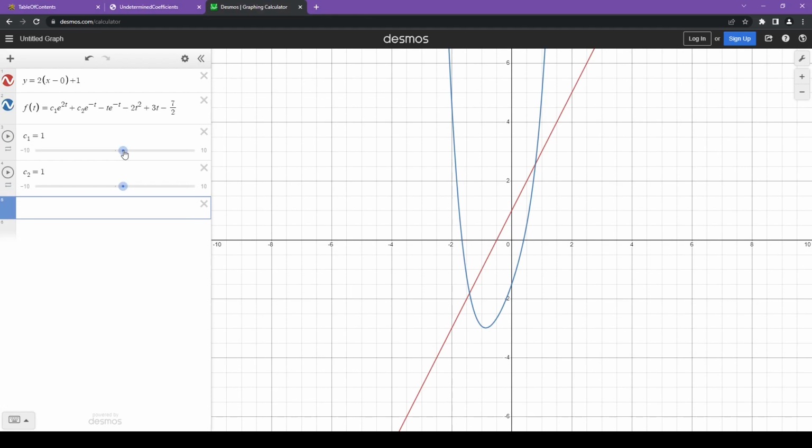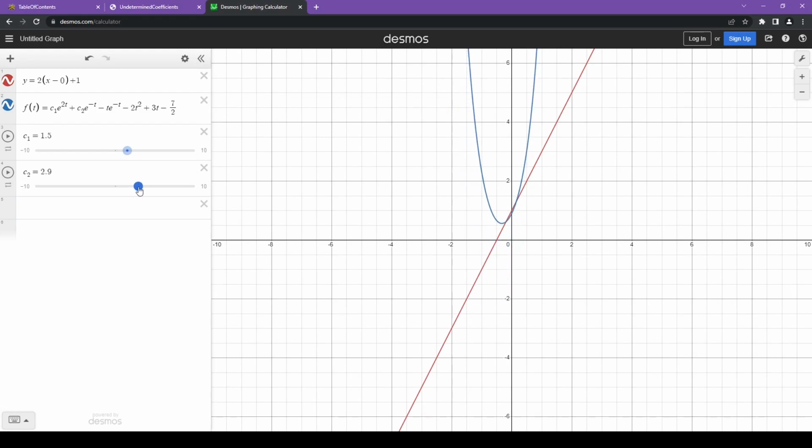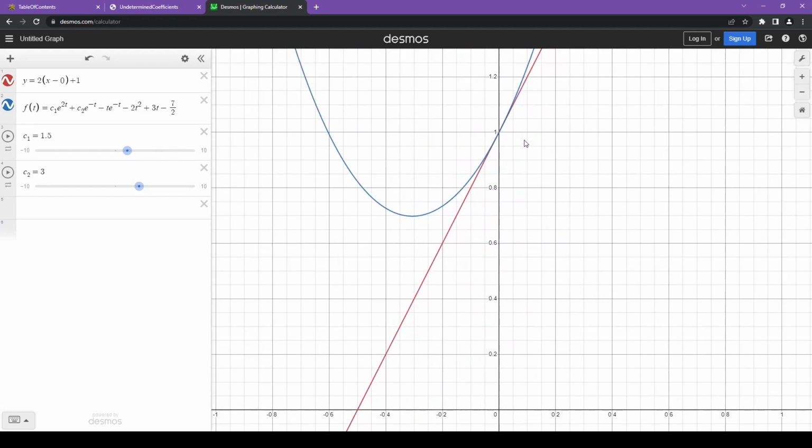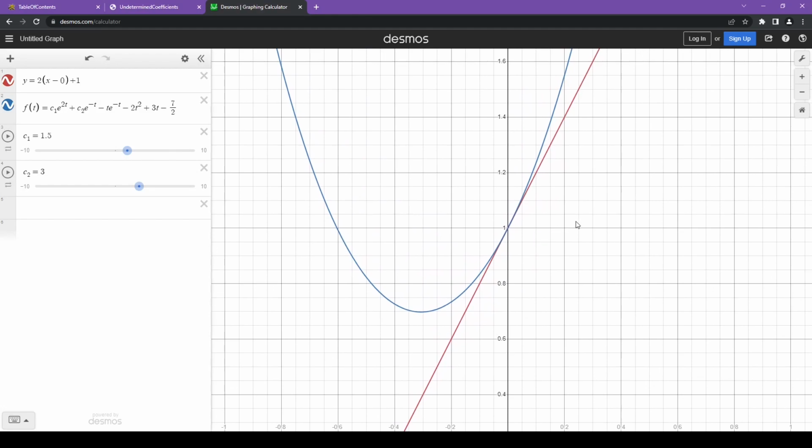And then it gave us these slider values that we can play around with. c1 was 3/2, and c2 was 3. And if we zoom in, we can see that our solution is indeed obeying that tangent line that represents our initial condition.